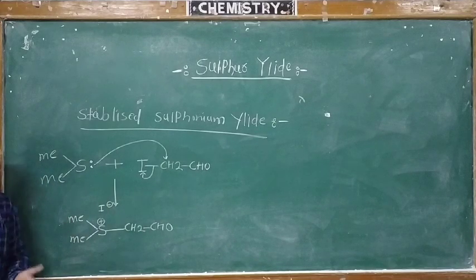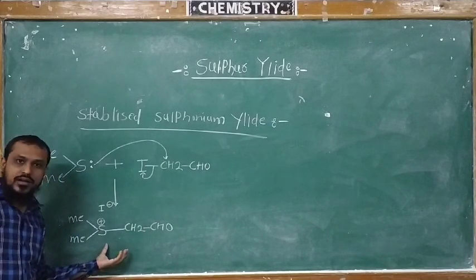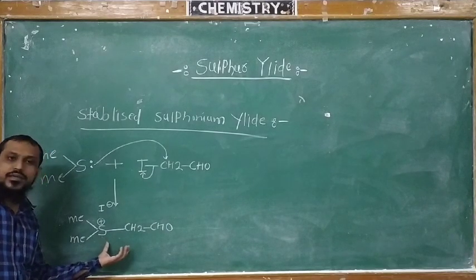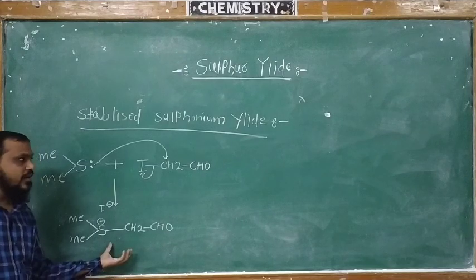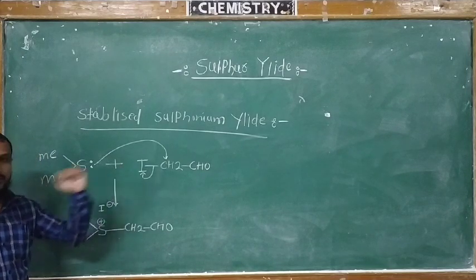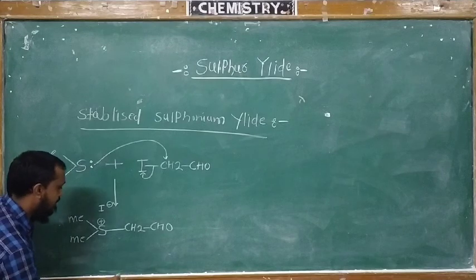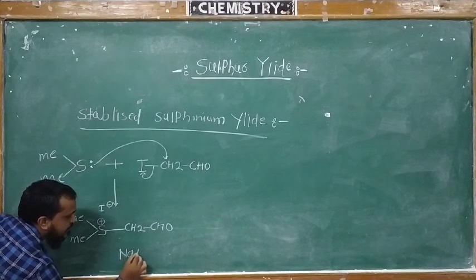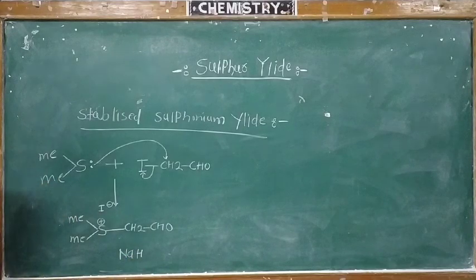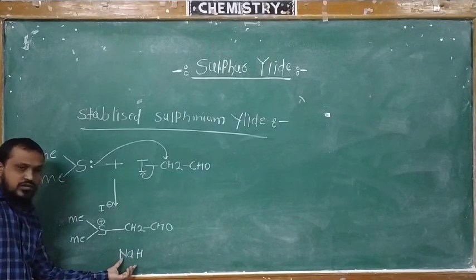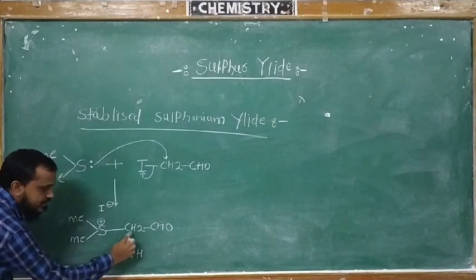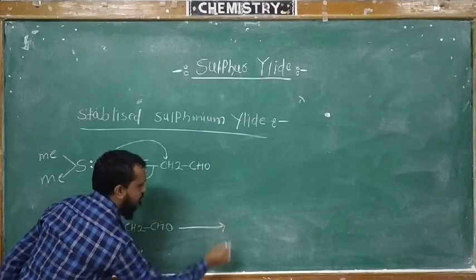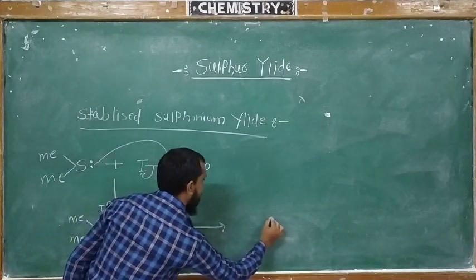Okay. Now in the second stage, the newly formed salt undergoes deprotonation with the help of a strong base to form our final product, sulfonium ylide. Let us see here. I have taken sodium hydride as a strong base. We know that this strong base abstracts one proton from this carbon atom, and we will get our final product, sulfonium ylide.